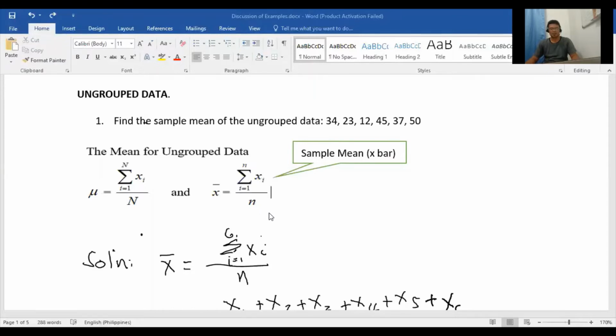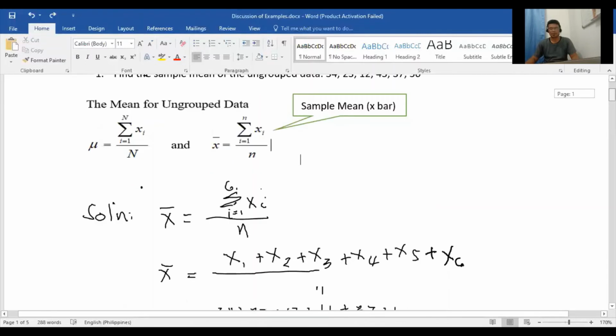So using the formula, we have x bar is equal to the summation of x sub i, where i ranges from 1 to 6. Why 6? Because there are 6 here: 1, 2, 3, 4, 5, and 6, all over n. But your n should be equal to 6.